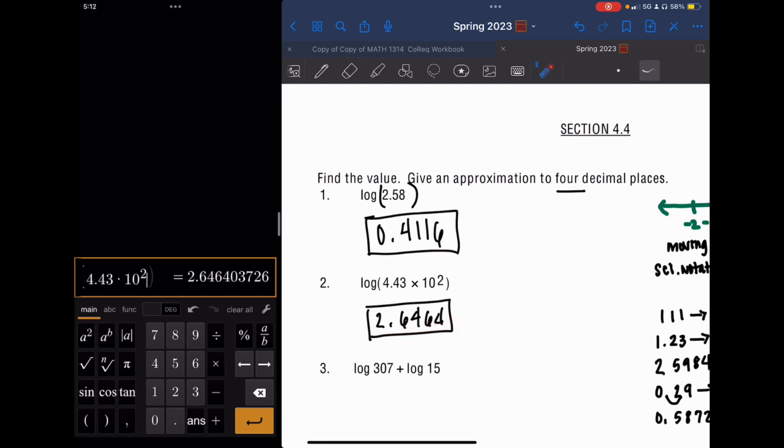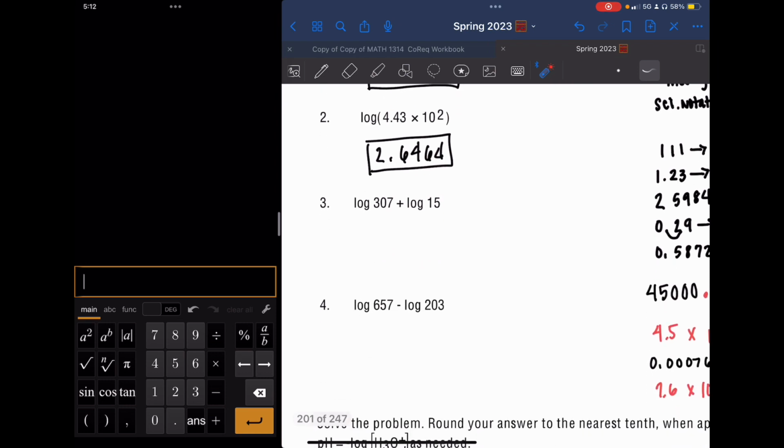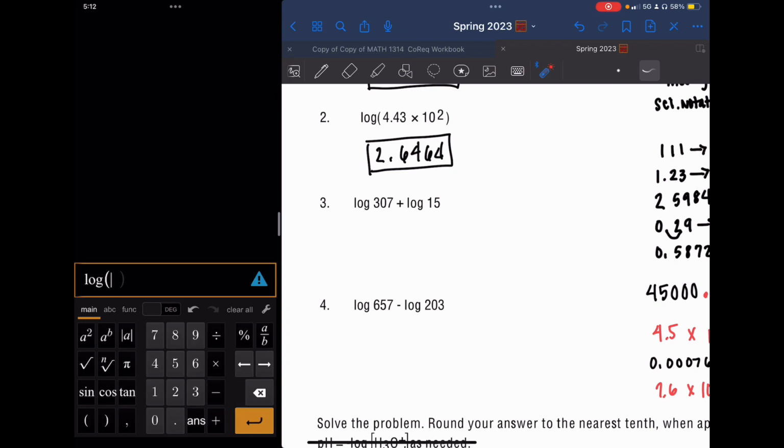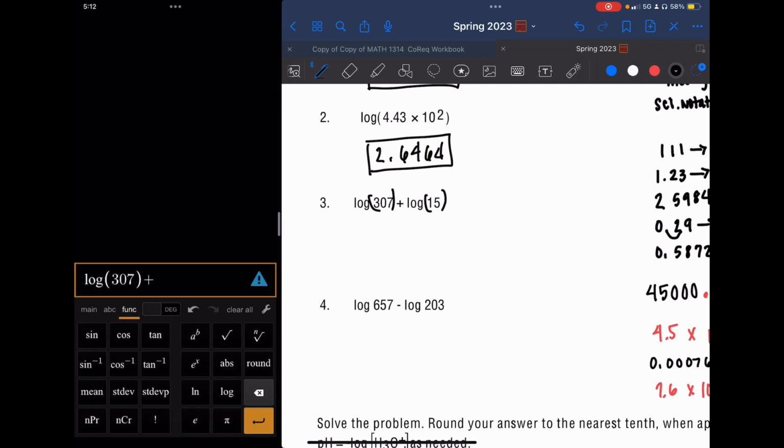The next one is going to be log 307, and again, putting this in parentheses, plus log 15.